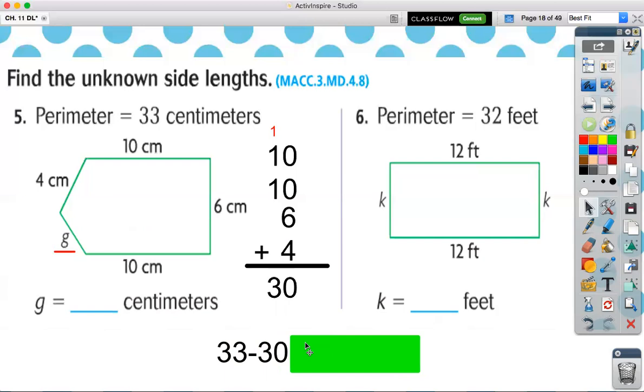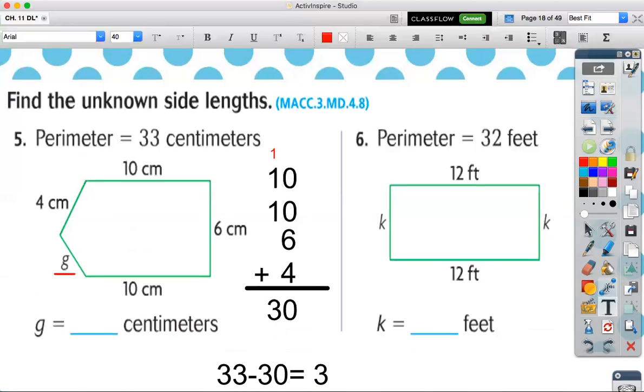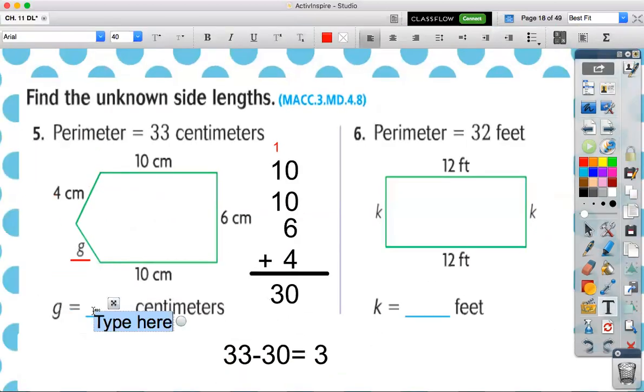You can pause your video if you need to. 33 minus 30 is 3. Good. So our answer is 3 centimeters. Some people also from right here may have said, I can count up to 33, 31, 32, 33, and that's perfectly okay. Okay, so you still get 3 centimeters.